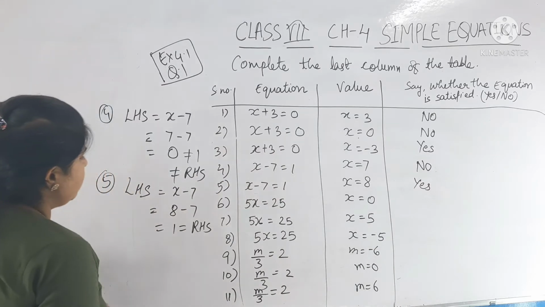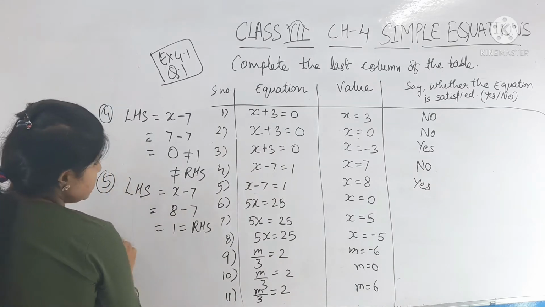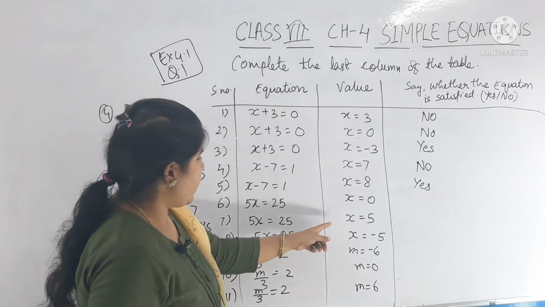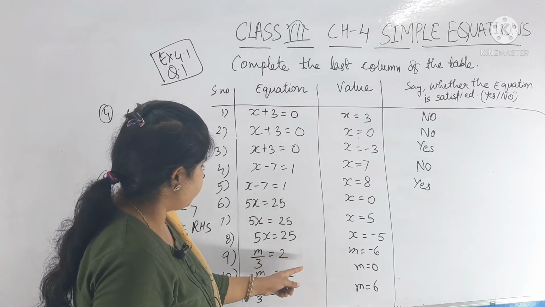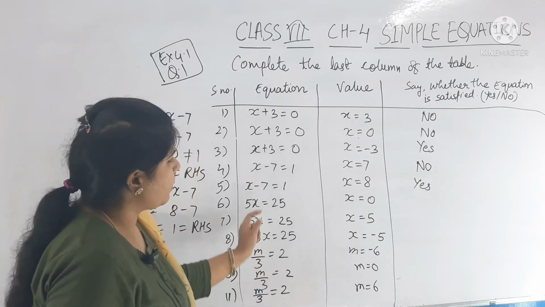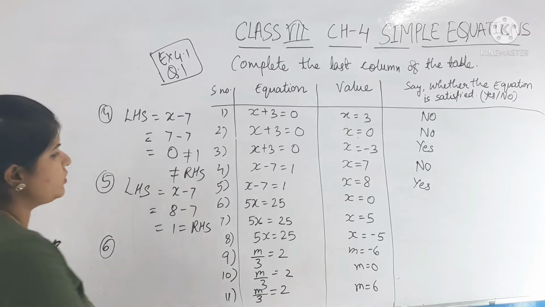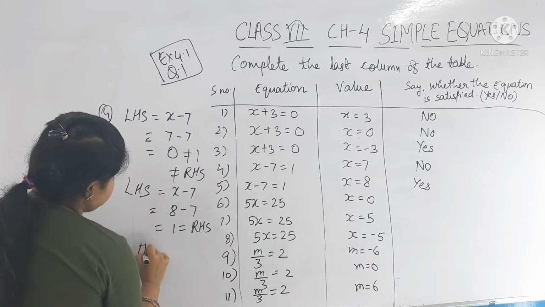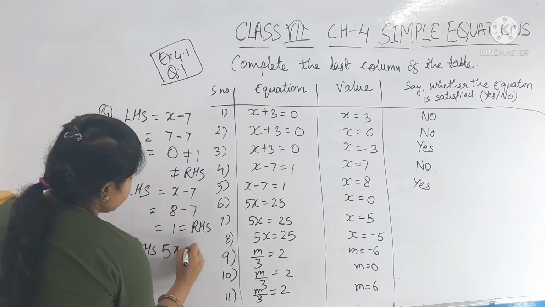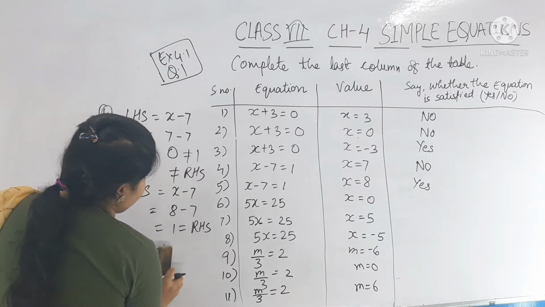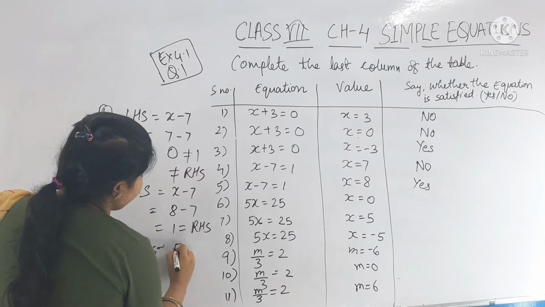Yes. Like this we have the sixth equation, 5x equal to 25 for x equal to 0. So here 25 is RHS, and LHS is 5x.